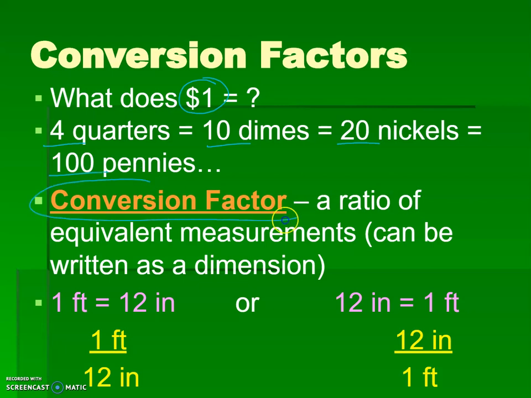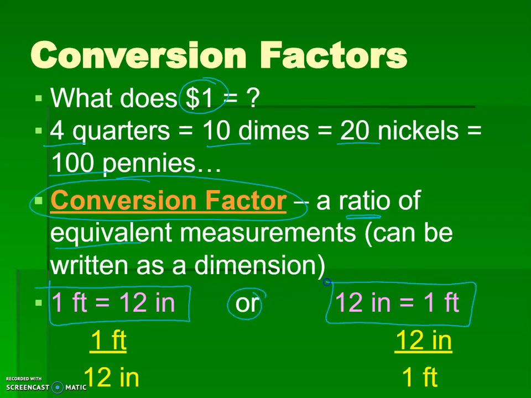The same thing holds true with our scientific measurements and calculations. We use these conversion factors as a ratio of equivalence so that we can change our units and calculate things correctly. We know 1 foot is equal to 12 inches, or that 12 inches is equal to 1 foot.